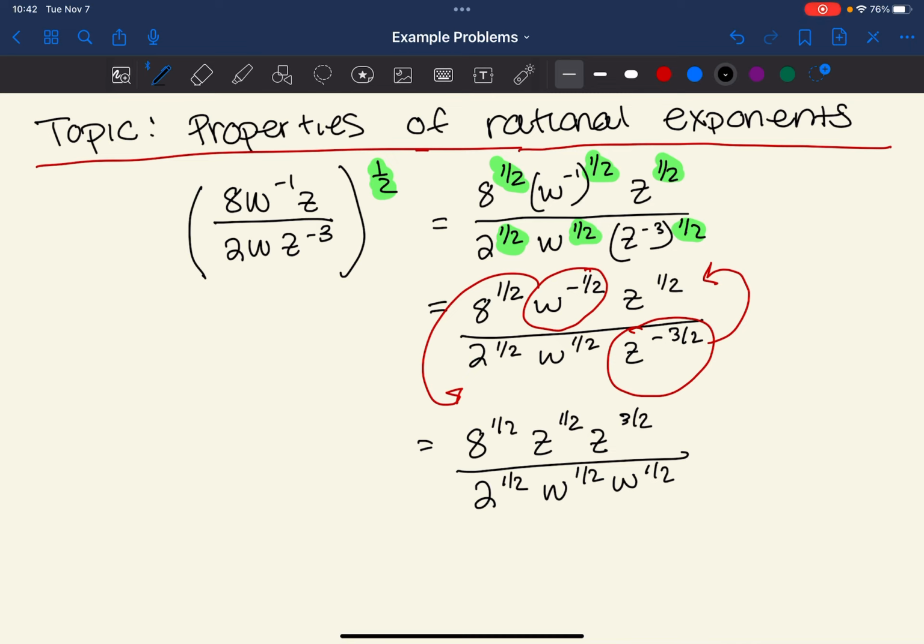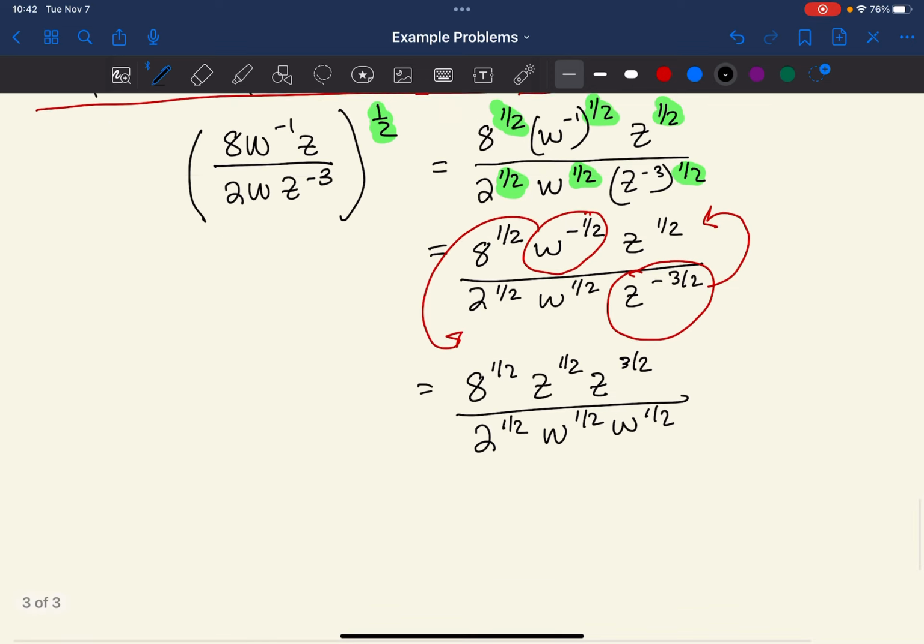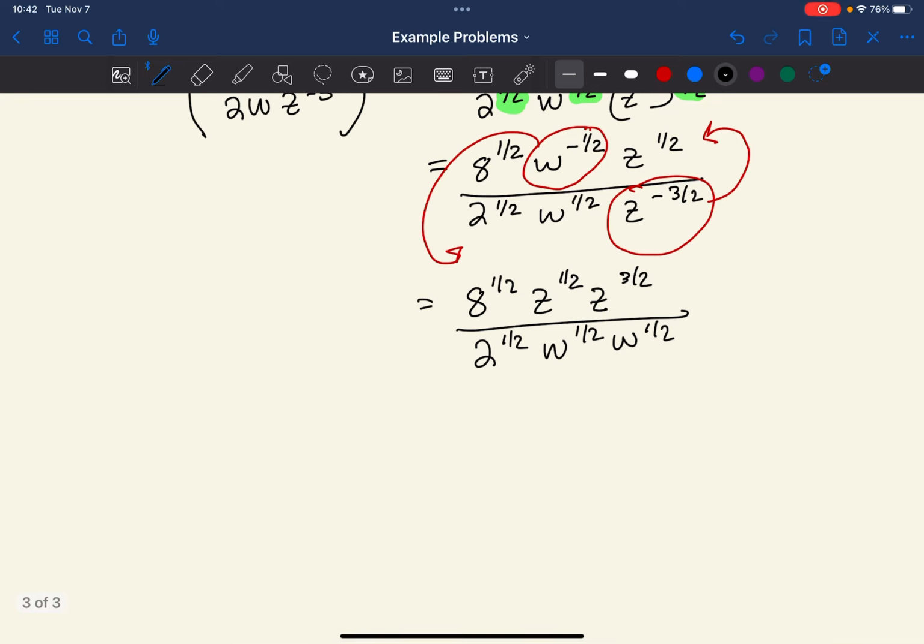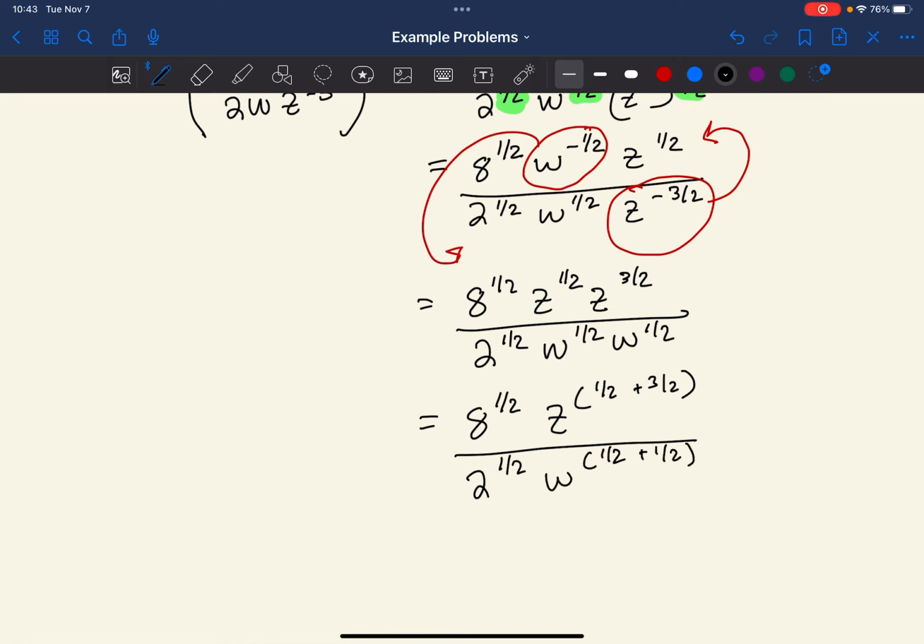Now we are going to combine like terms. In the numerator, we have like terms of z. In the denominator, we have like terms of w. When we have two exponents with the same base being multiplied, we add the exponents together. So we have 8 to the 1/2 times z to the 1/2 plus 3/2, and then 2 to the 1/2 times w to the 1/2 plus 1/2.